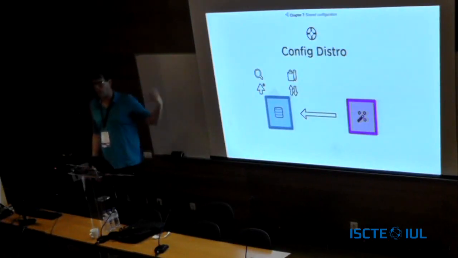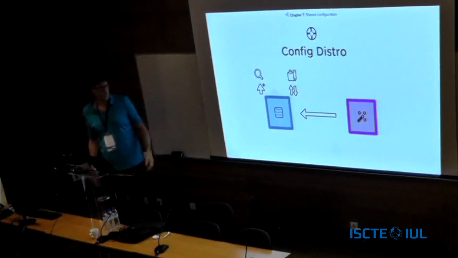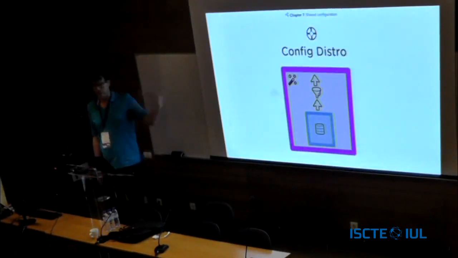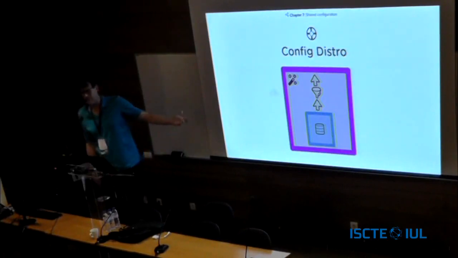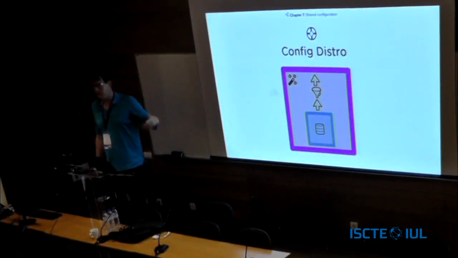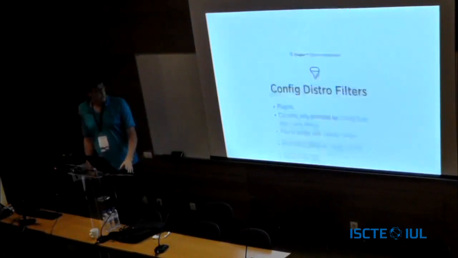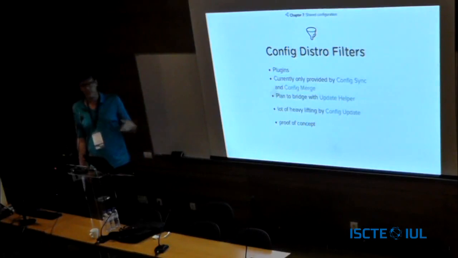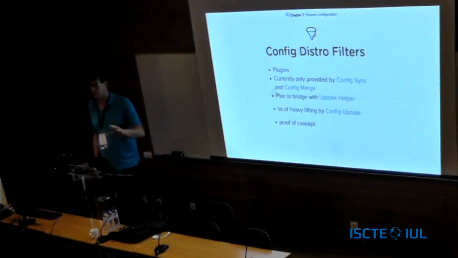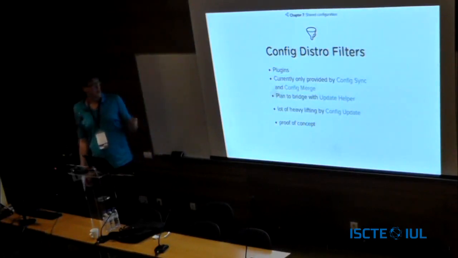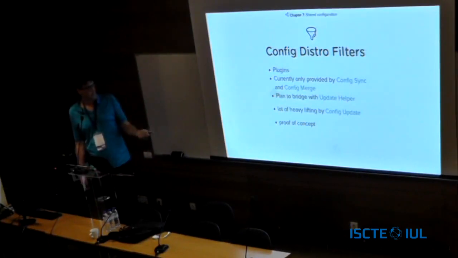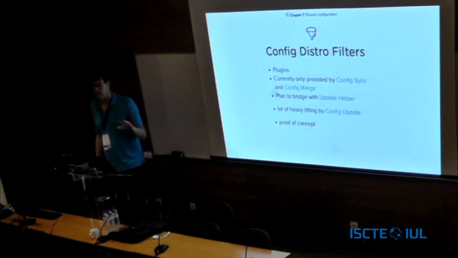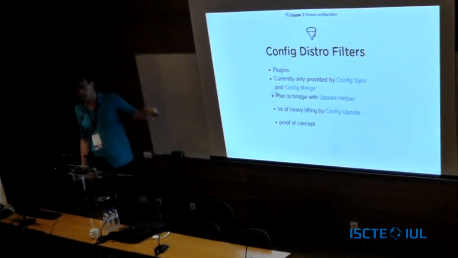So in the schema, it would look like this. So you import from this other pink configuration storage. And internally, it looks the same as the config filter because essentially it's just the same. And so the config distro filters, they're plugins, the same plugins that you would use for the other one. Currently, they're only provided by config sync and config merge. Maybe there's other ones in the meantime already, but these are the two that I'm aware of.